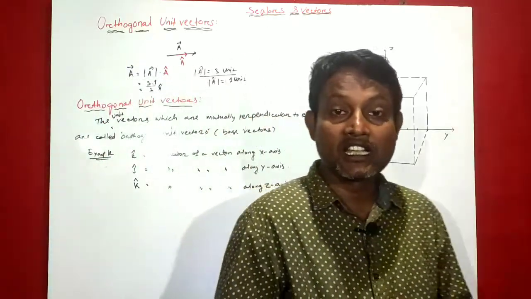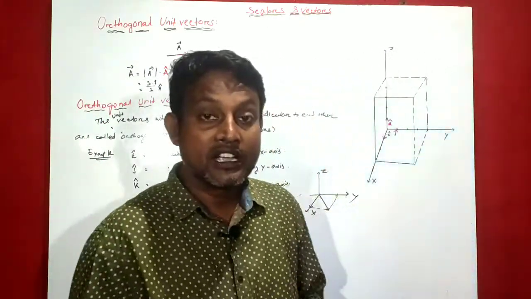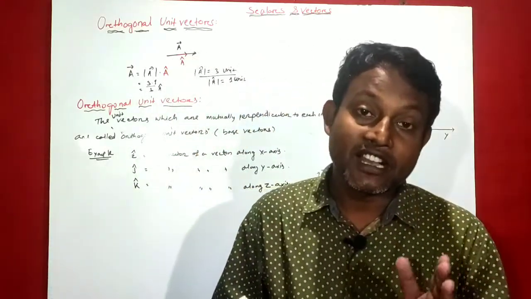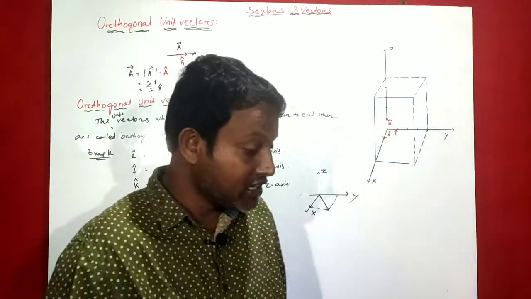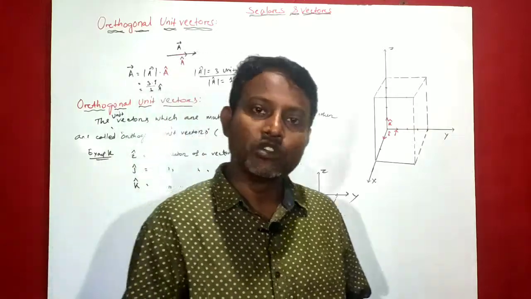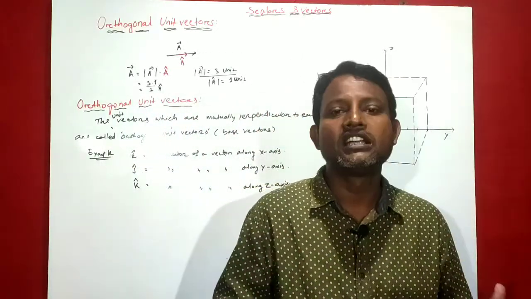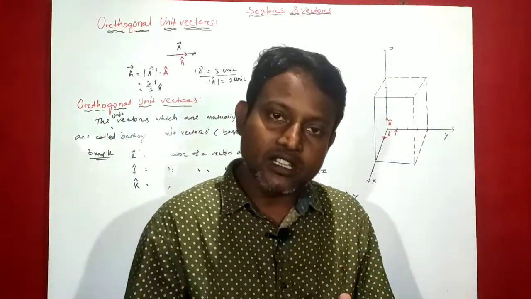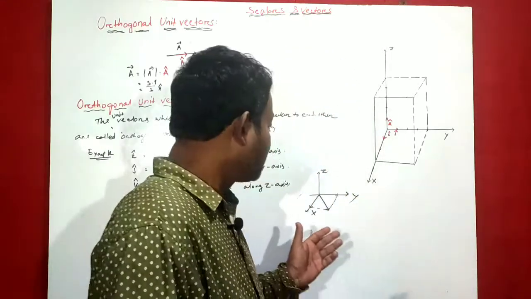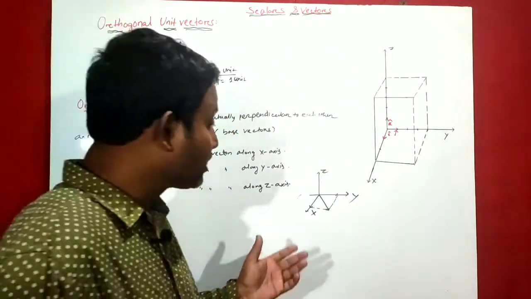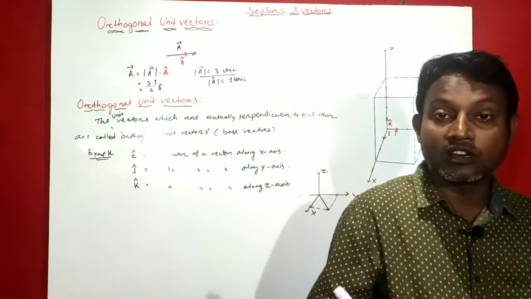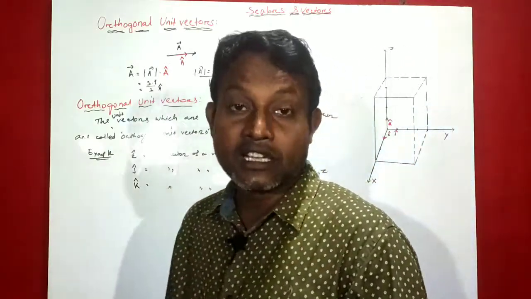So guys, by the help of I cap, j cap and k cap, we decompose any type of vectors. Look how we decompose or how we express a vector in the form of I cap, j cap and k cap.